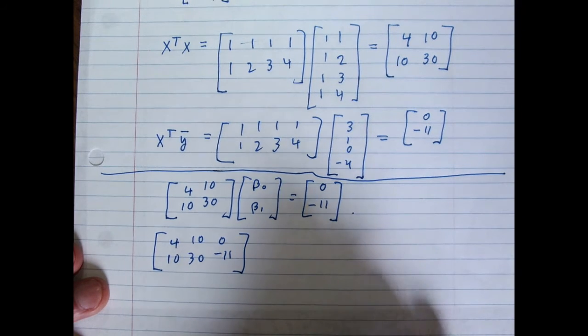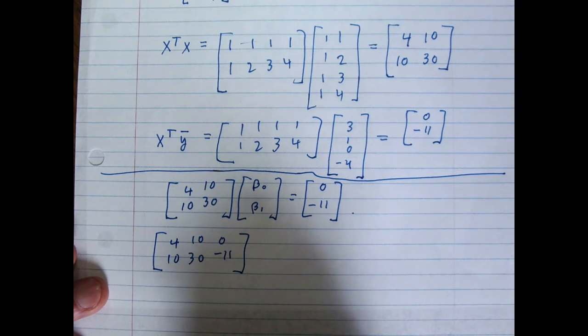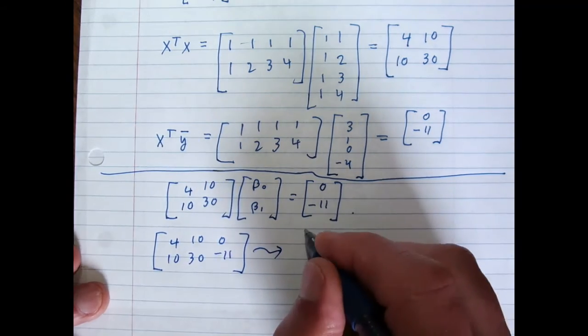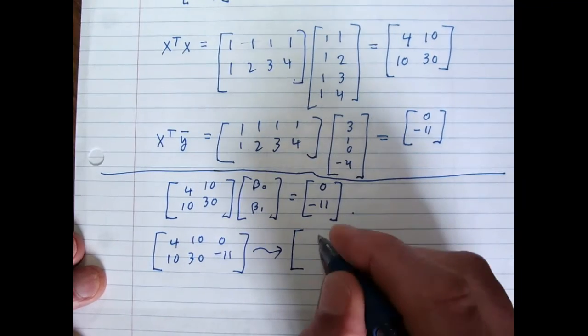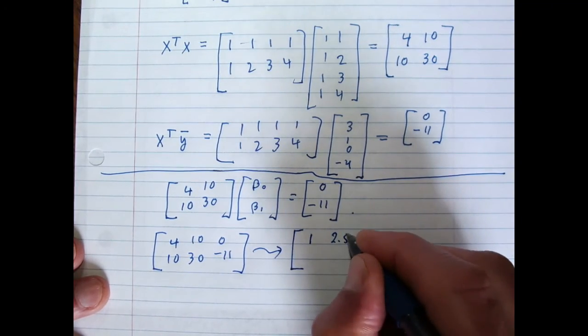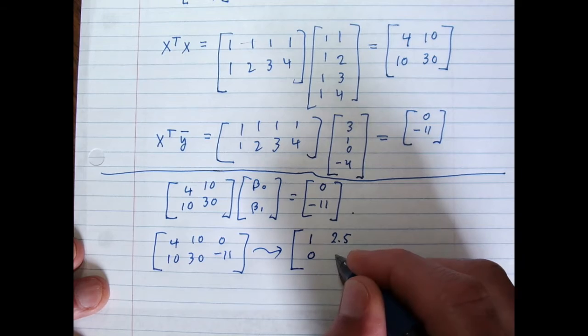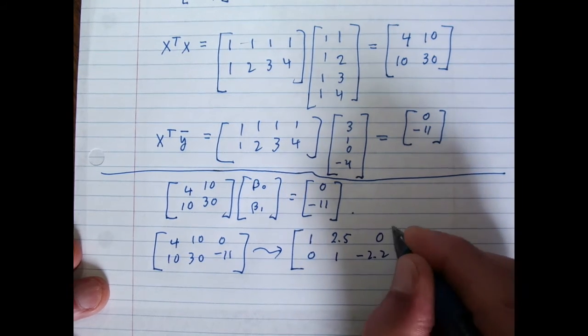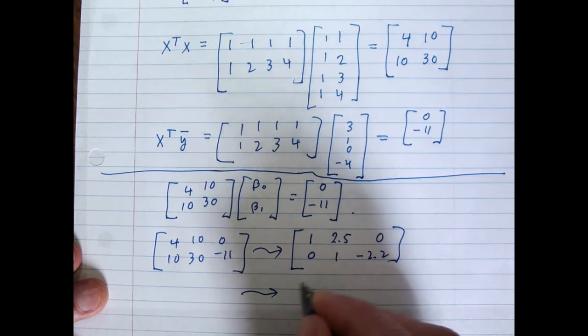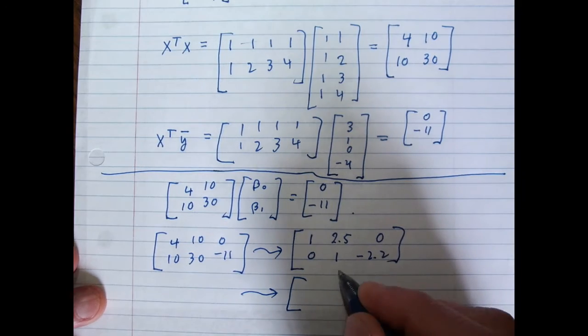And when I reduce that, I got to, let's see, I have 1, 2.5, 0, 1, 0, negative 2.2. So that's not in reduced form. Let's go all the way to reduced form.